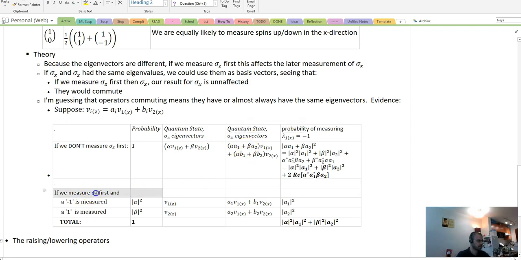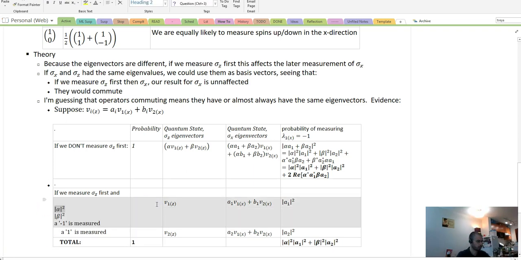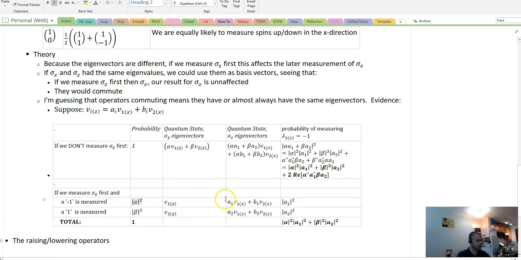Now if we do measure sigma z first, then it's going to collapse, right? It's either going to collapse into this state or this state, with these probabilities. If it collapsed to this state, then the quantum state in terms of x eigenvectors is this, and so the chance that we then measure a downspin is going to be this.